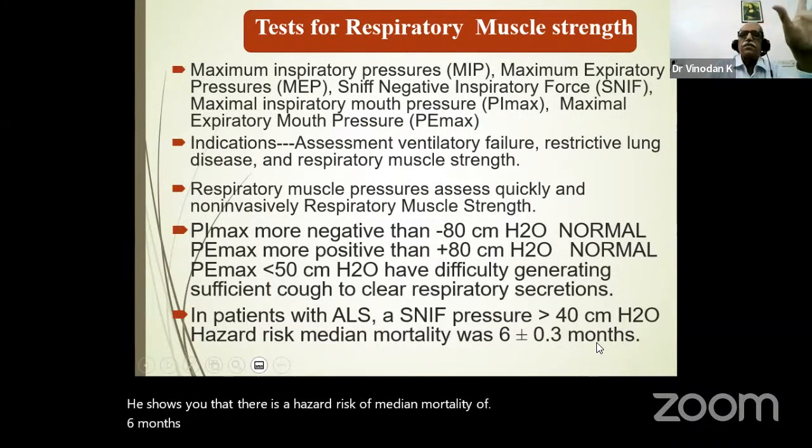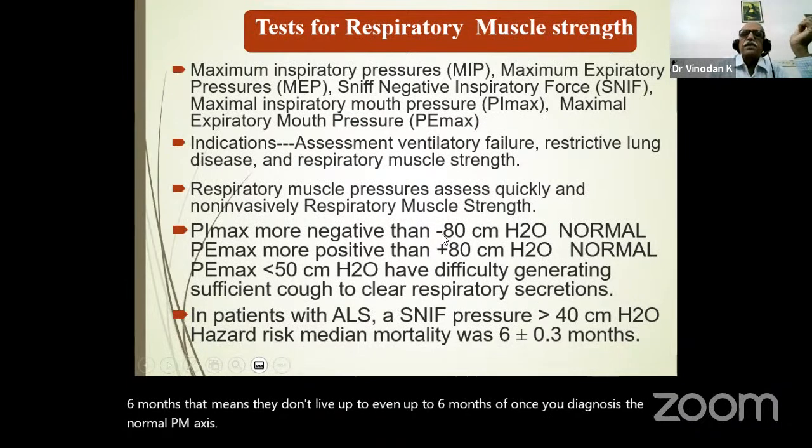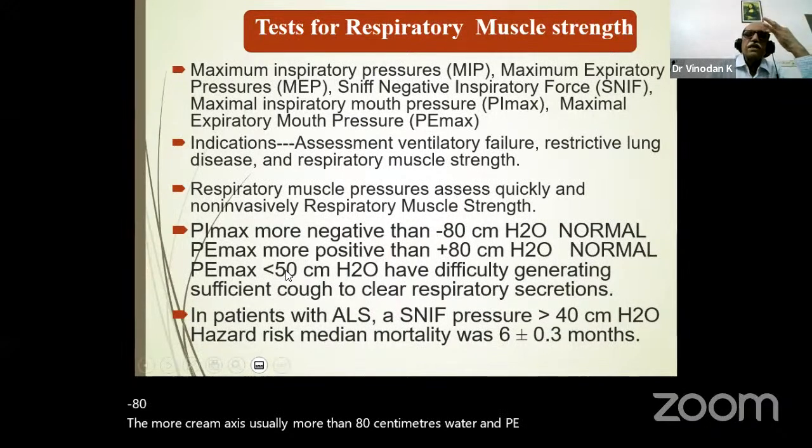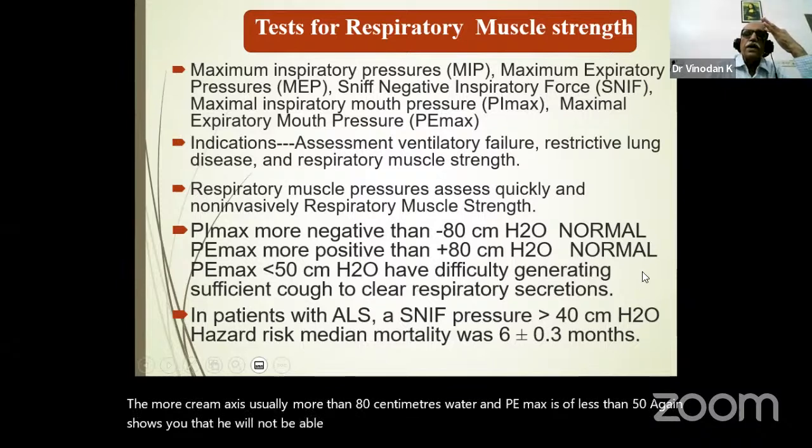That means they don't live even up to 6 months once you diagnose this. The normal PI max is minus 80. The PE max is usually more than 80 centimeters of water, and a PE max of less than 50 again shows you that he will not be able to cough adequately and bring out his respiratory secretions.